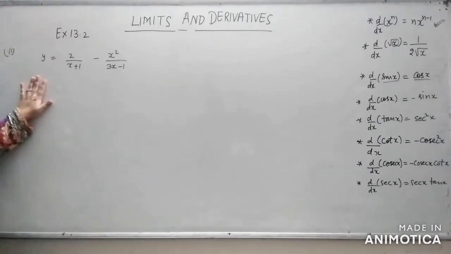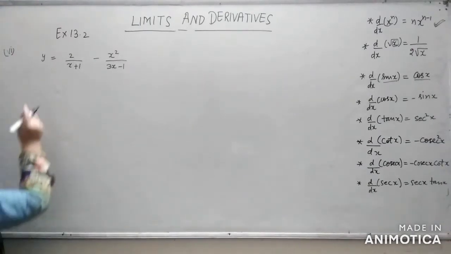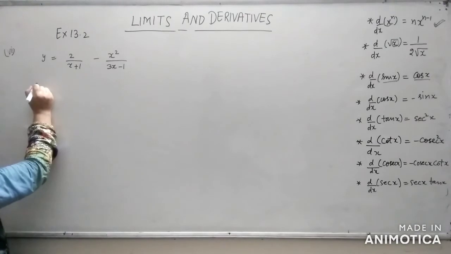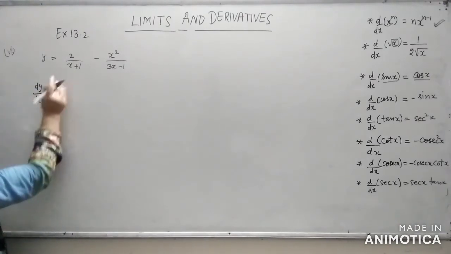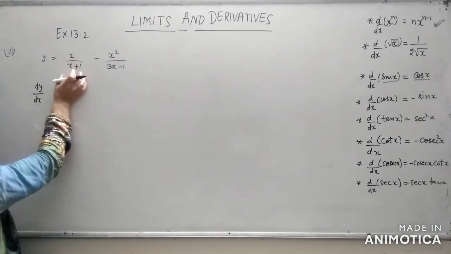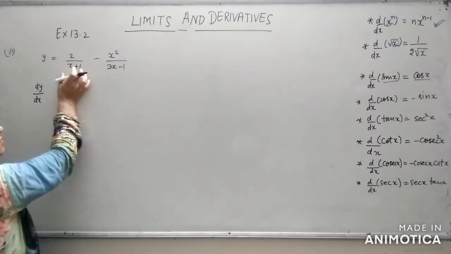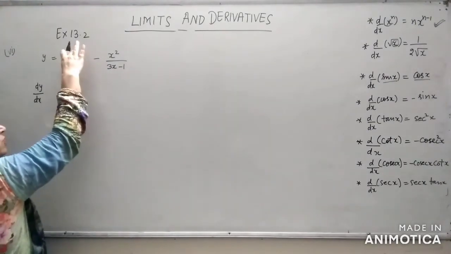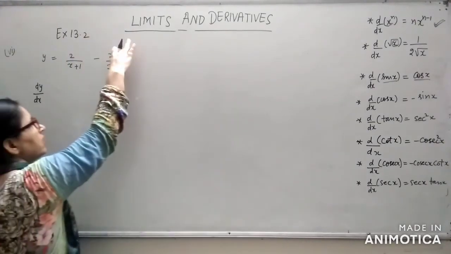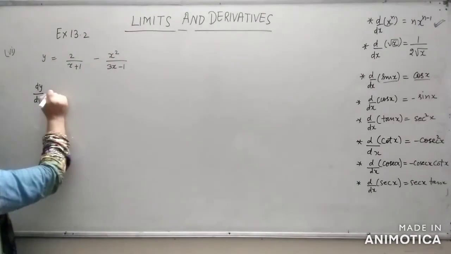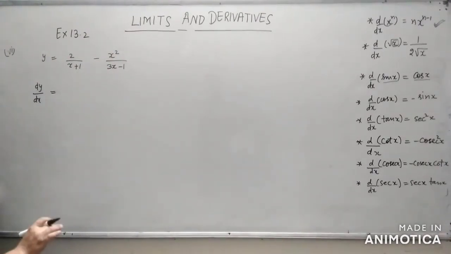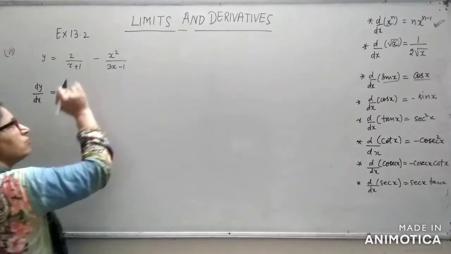And see students, in the sixth part, y is this. So dy by dx. Here actually there are two functions in subtraction. So first of all we will find the derivative of this part, then we will find the derivative of this part. In this part also quotient rule will be applied, and in this part also quotient rule will be applied.